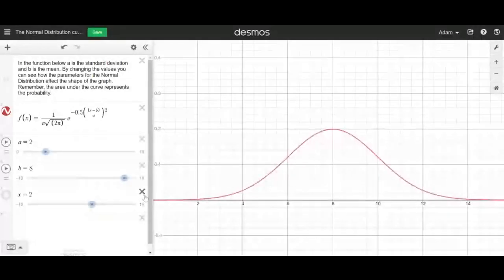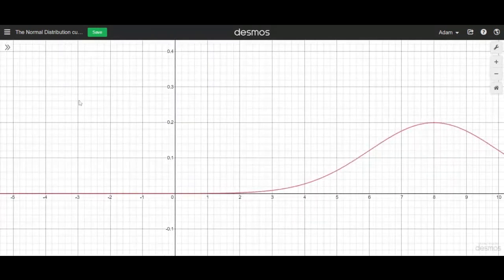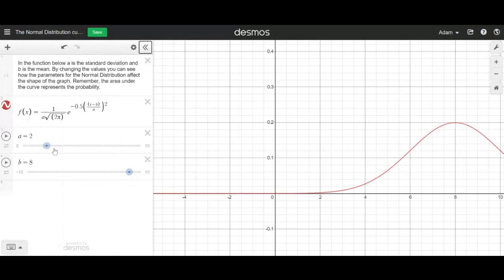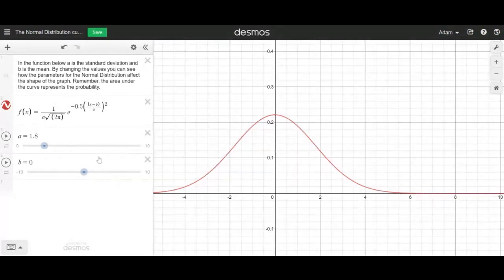But that website will take you to this, and you can graph the normal distribution curve for different values of B and A. Keep in mind, A is the standard deviation, so A is positive, and B could be any number you want.